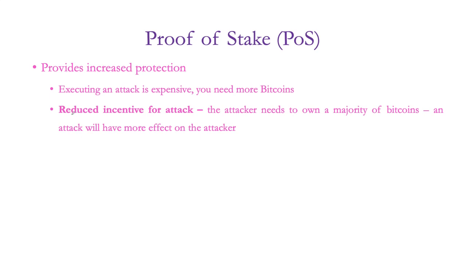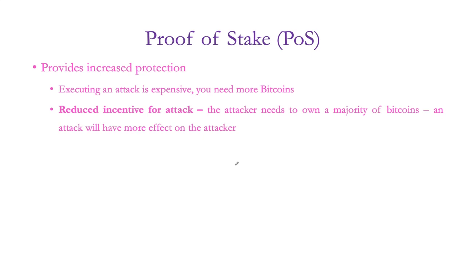So if there are reduced incentives for any attack, then the attacker needs to own the majority of the bitcoin. That way, the network can be protected from malicious nodes, and attacks become less efficient on the attacker's part, because if they want to become an attacker, they need to spend more coins and place them into the proof of stake, and then they will become the miner.